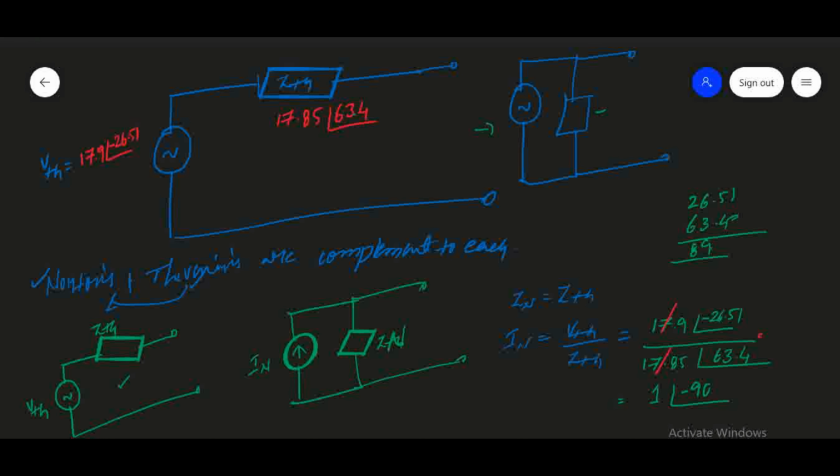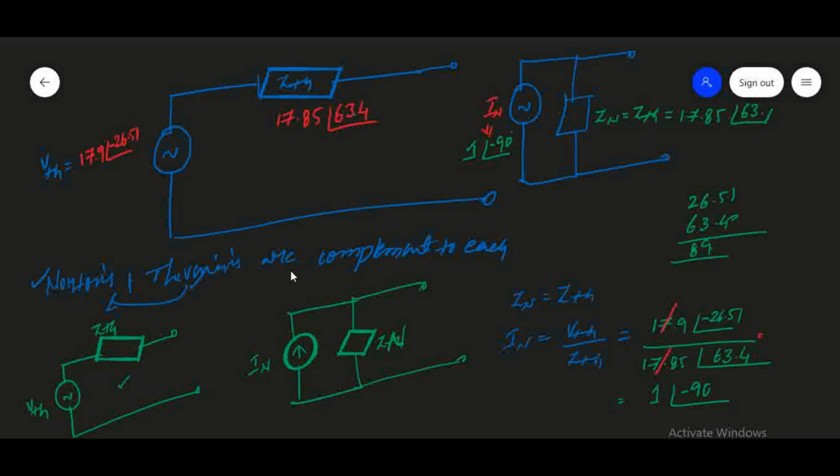This ZN is equal to ZTH, which is 17.85 with an angle of 63.4, and this IN is equal to 1 with an angle of minus 90 degrees.